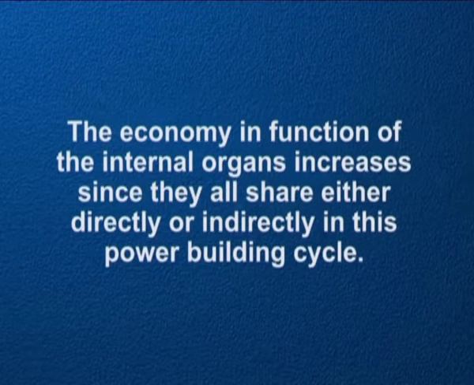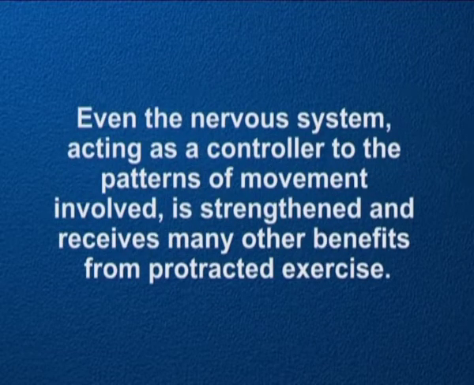The economy in function of the internal organs increases since they all share either directly or indirectly in this power building cycle. Even the nervous system, acting as a controller of the patterns of movement involved in strengthened muscles, receives many other benefits from protracted exercise.